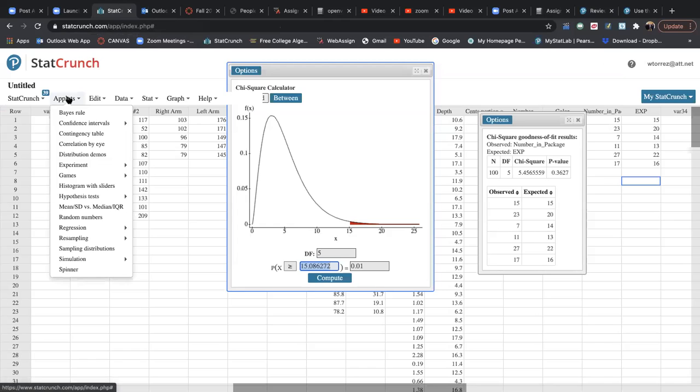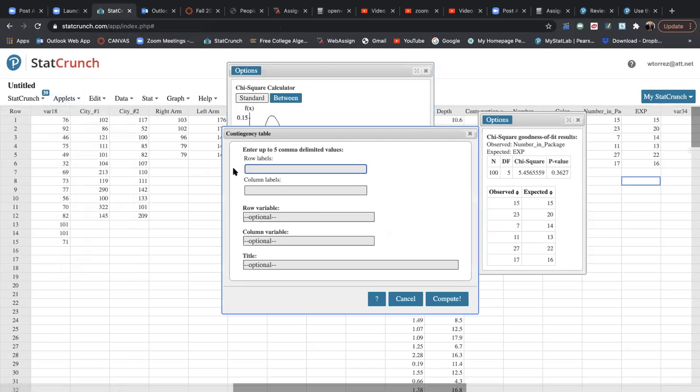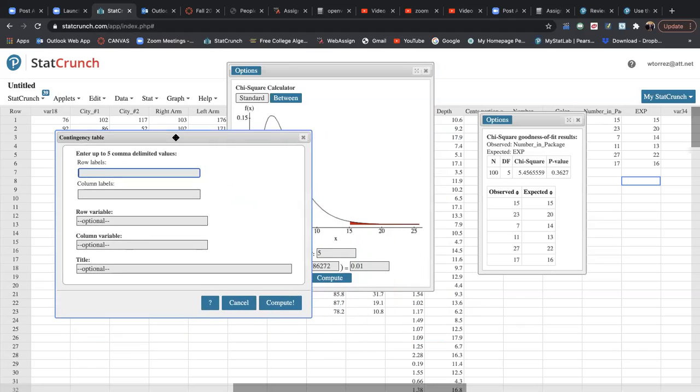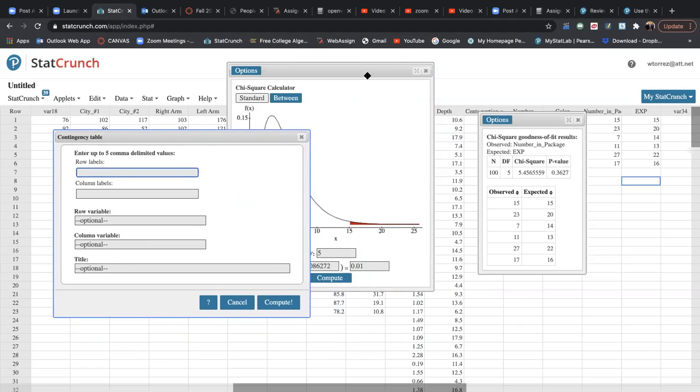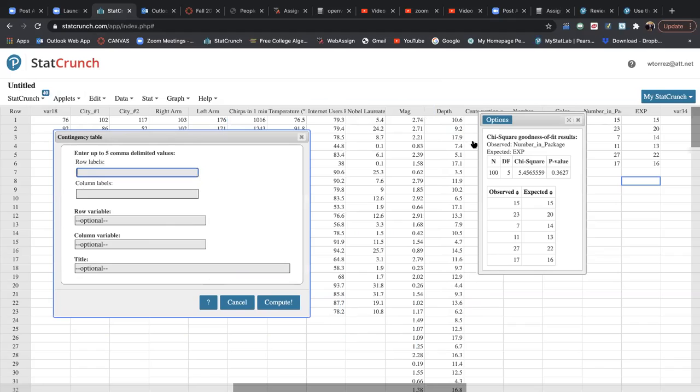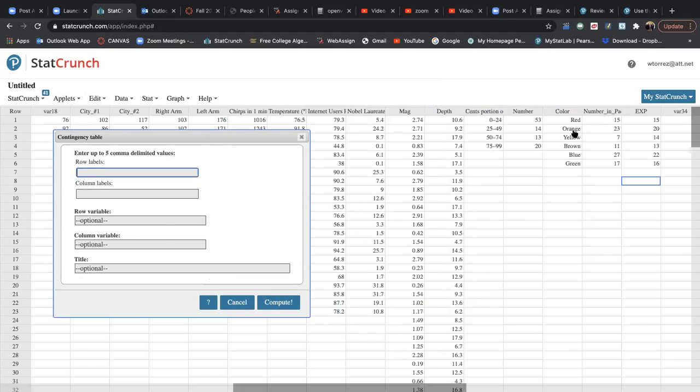We know that that's under applets. So here's the contingency table. And we'll type in our row labels. Okay, and let me remove some of these results here.